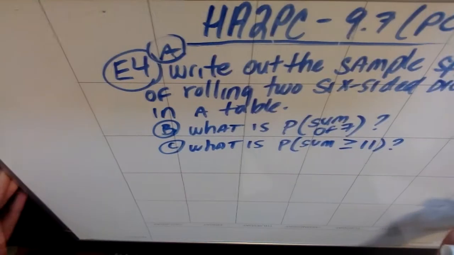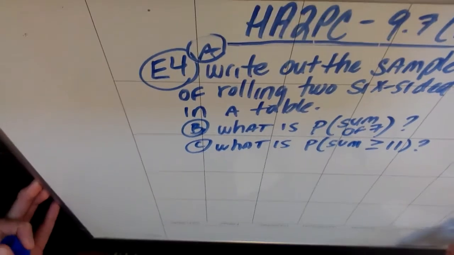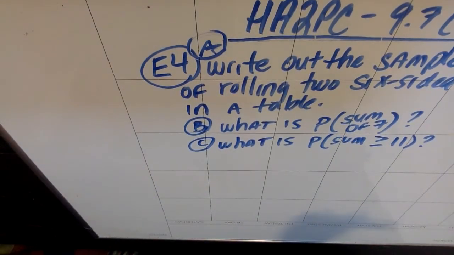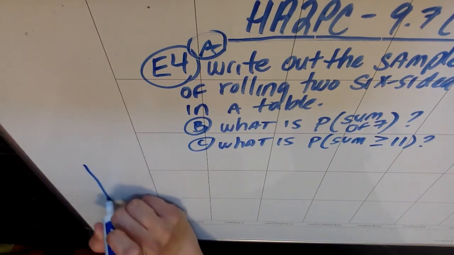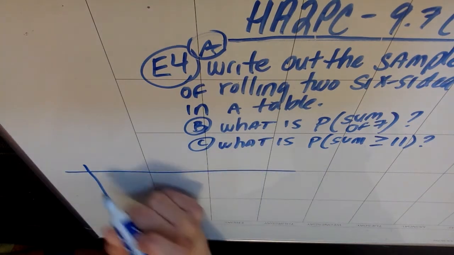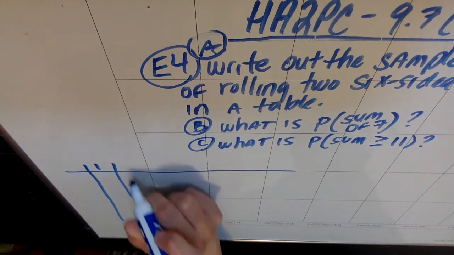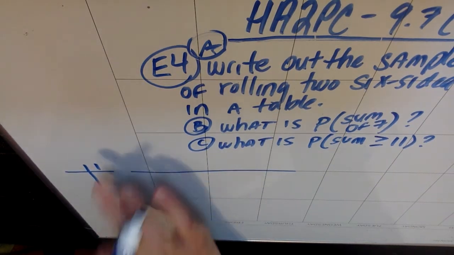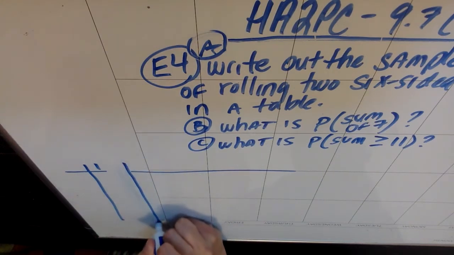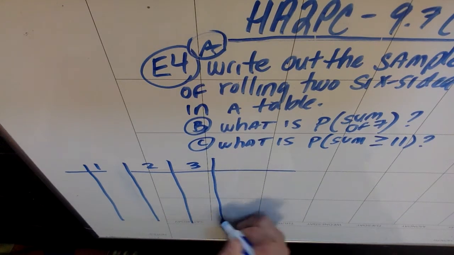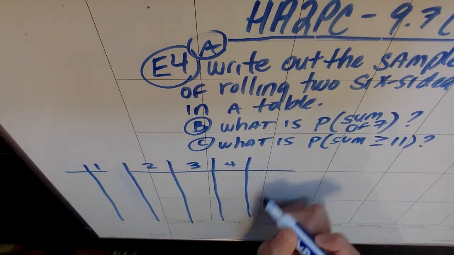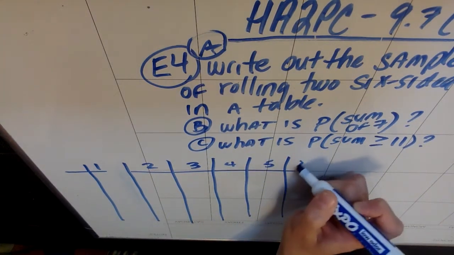I'm going to slide this over a little bit to do this, okay? So the way I would suggest you do this is that you make going across the table one roll and down your other roll. So I'm going to make my sample space 1, 2, 3, 4, 5, 6.